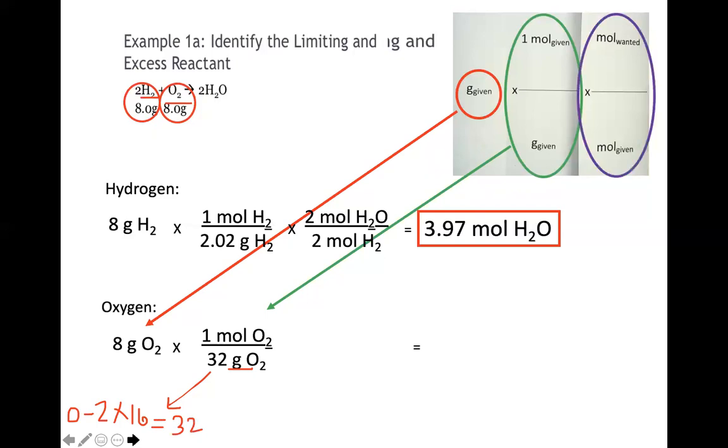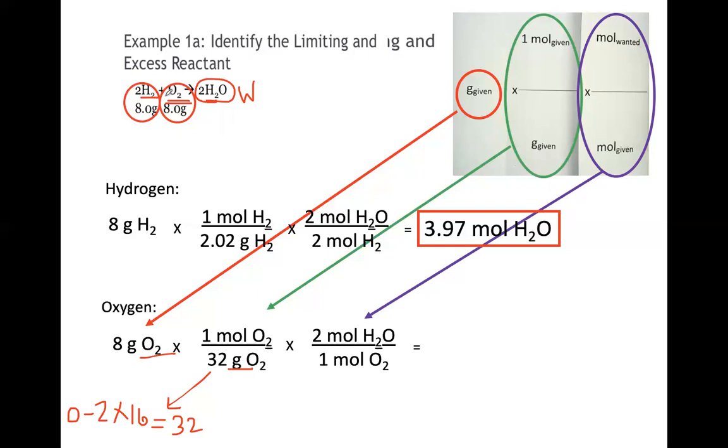And then the mole over mole is going to come from our equation. In this formula, we started with O2, that was our given, and we want H2O. This is our wanted. So that's where we're going to get our coefficients from: 2 moles of H2O over 1 mole of O2. There's nothing in front of O2, so we imagine there's a 1 there.